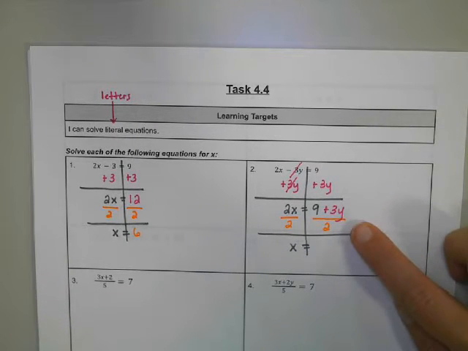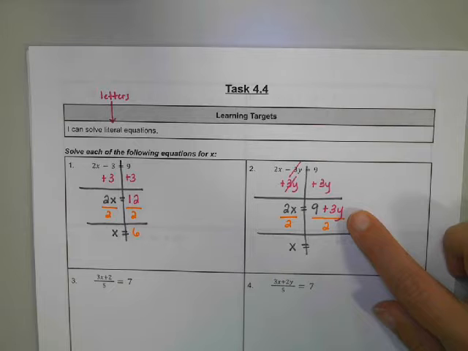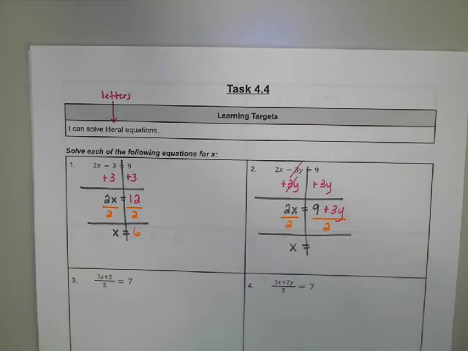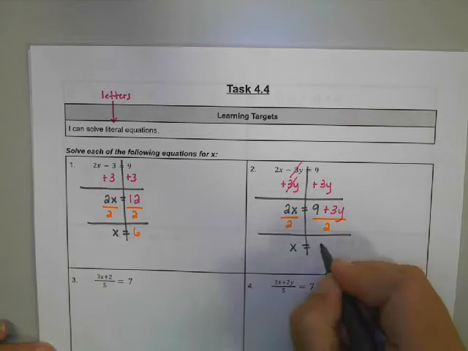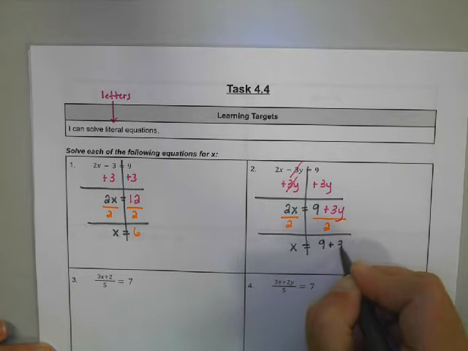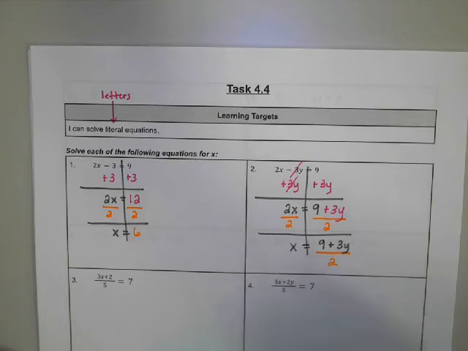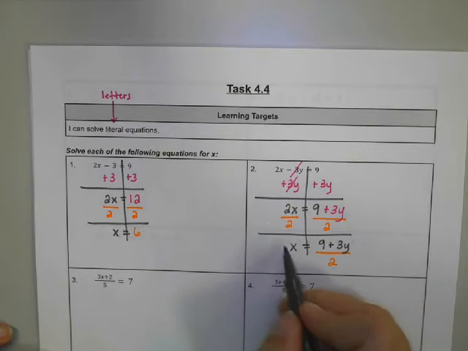In problem number 2, since I don't know what y is, and since 9 and 3 do not nicely divide by 2, I'm just going to leave the dividing by 2 the way that it is. So my final answer here would be 9 plus 3y all divided by 2, and that's literally the answer.